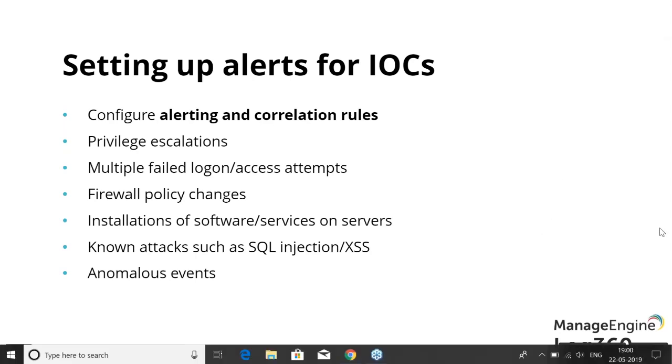On a given date, you don't just go and install a new service on one of your critical servers, which means that if someone installs a new service on a critical server, chances are that that service is malicious or someone is up to no good, right? So this is again something that I'd like to think of as an unusual event, right? Normally, these indicators of compromise are things that usually don't happen, right?